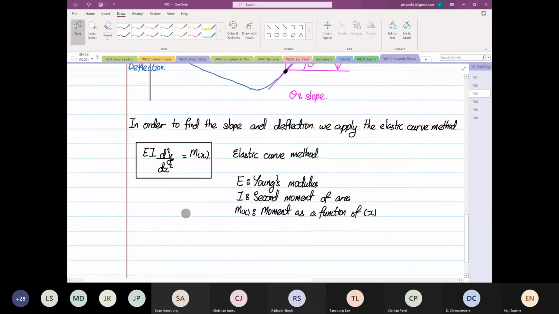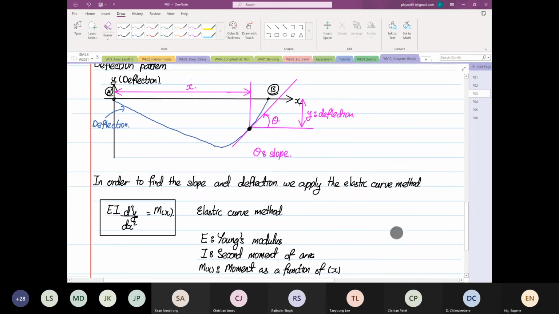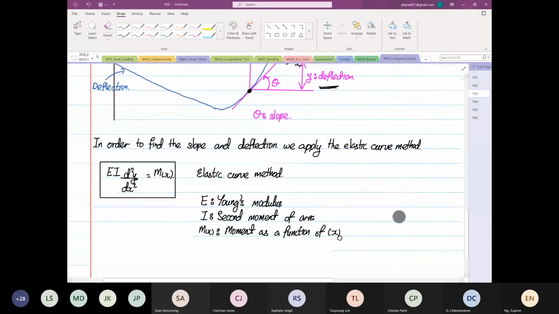As I mentioned earlier in the class, the deformation pattern is exactly the same. Only now, the difference is you know exactly how much deflection there is at a certain distance. It's not just a pattern now. Now you know specific points.